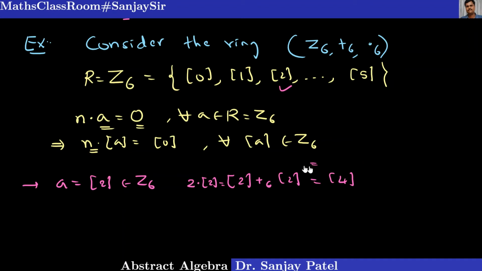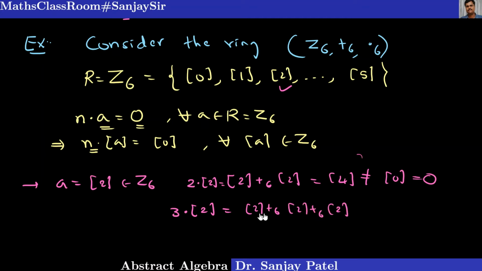So what we are getting here is 2 times a is equal to class 4, and this is not equal to class 0, that is the zero element of the ring. So this is not fine. Let me go further. Let me take 3 times class 2, that is class 2 plus class 2 plus class 2.